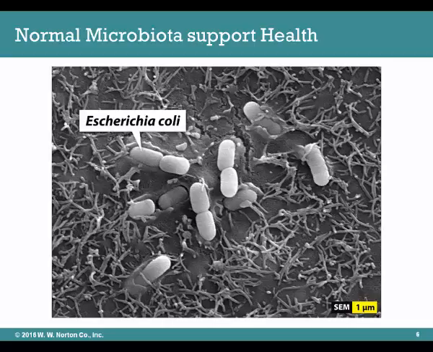It's found in our gut in very small amounts, but in the gut of virtually everyone. And yet E. coli can be a pathogen. So one thing I want you to focus on this semester is understanding the differences between a non-pathogenic microorganism and a pathogen.